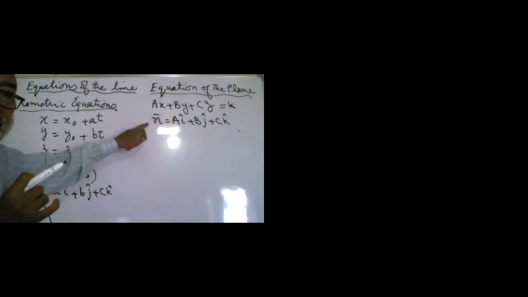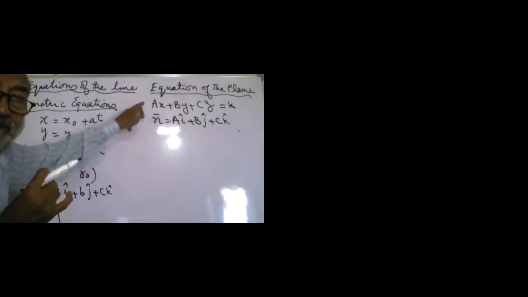That is ai plus bj plus ck. When the equation of the plane is given, we can find the normal to the plane.